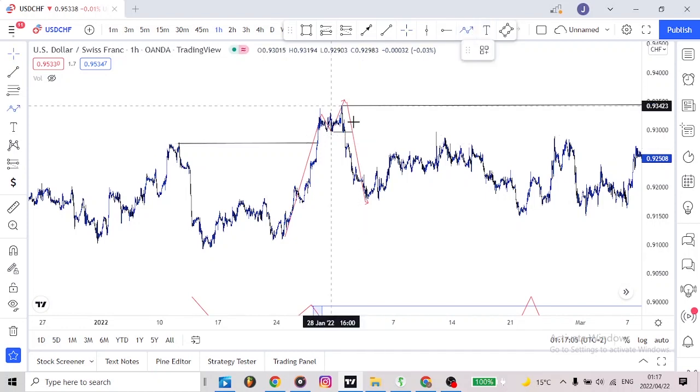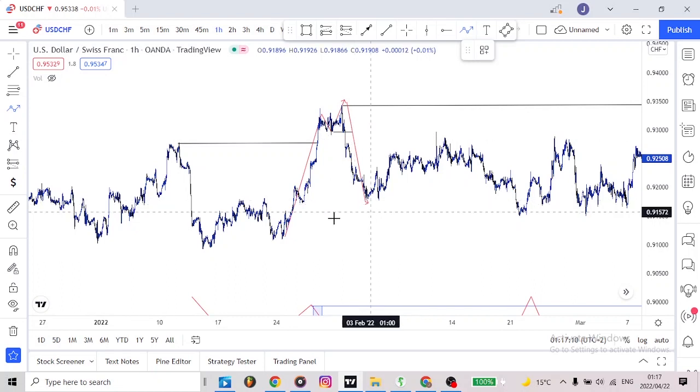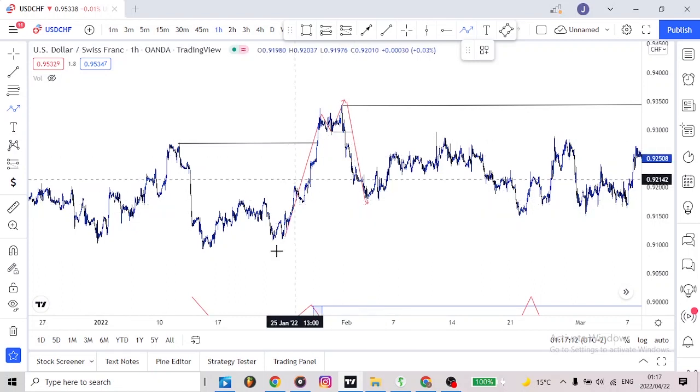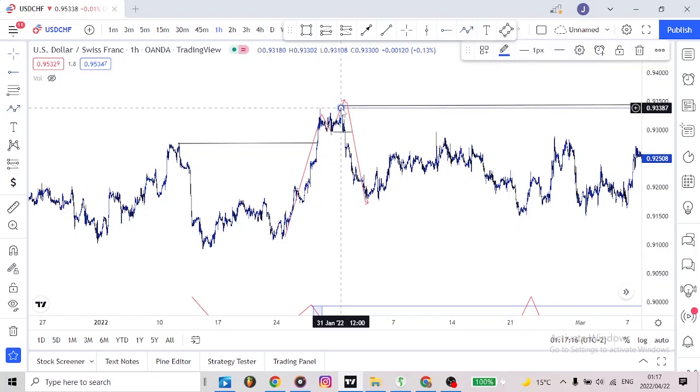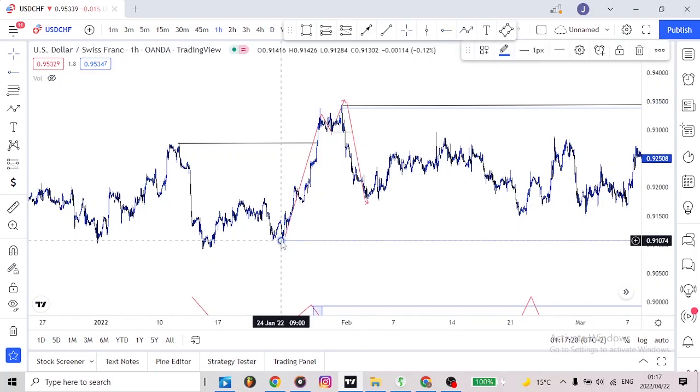So when the market changes direction here, I still consider myself to be within this range. That will be the range.